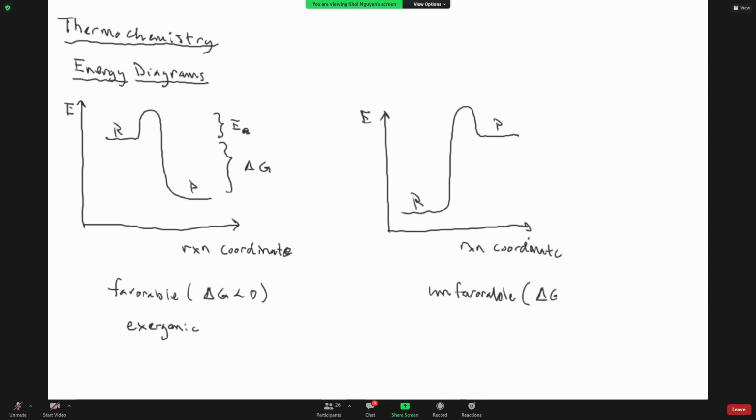This Gibbs free energy is positive. This is a typical endergonic reaction. Once again, this is your activation energy. This is your Gibbs free energy that you had to put into the system.